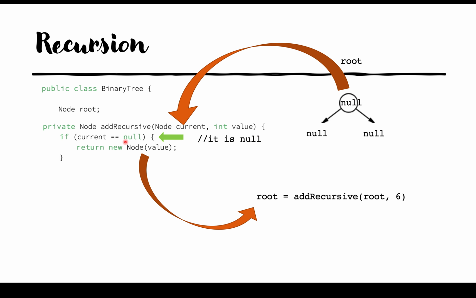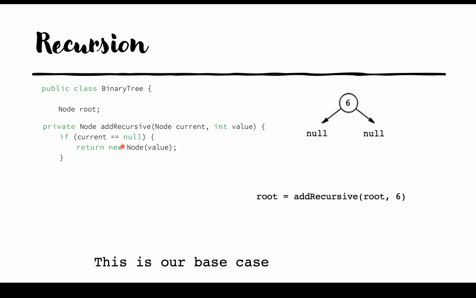So then we have that line, new node value. Remember when we created it? New node value. So it gets returned here. Our value is 6, and this is our base case. So basically, this just creates a node and returns it to whatever called it, and it gets sent to root. So now root is equal to, what gets returned? Node root equals new node value, which is 6.